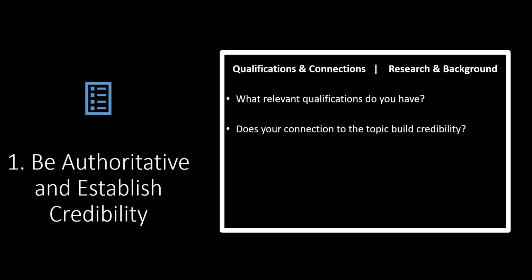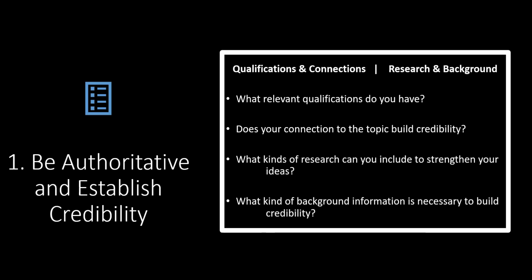When it comes to qualifications and connections, you'll talk about what relevant qualifications you have as related to the problem and how your connection can build some credibility. You can be very direct about that, especially if you are someone who's directly impacted by the problem you've identified. And then for research and background, you'll think about what kinds of research specifically are going to strengthen your ideas and what kind of background information is needed to build your credibility.